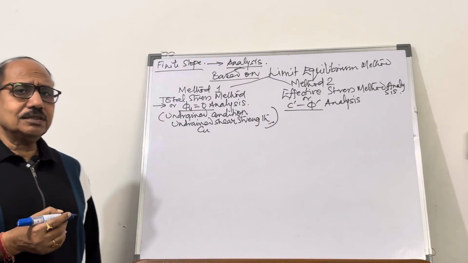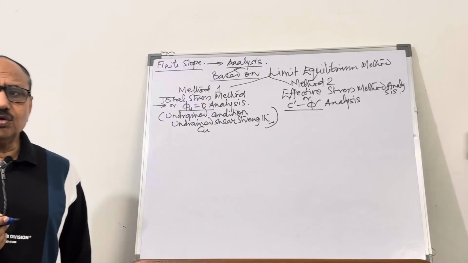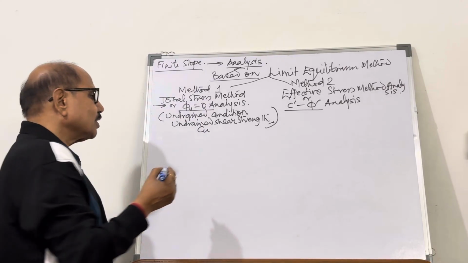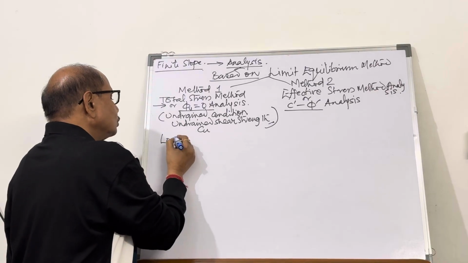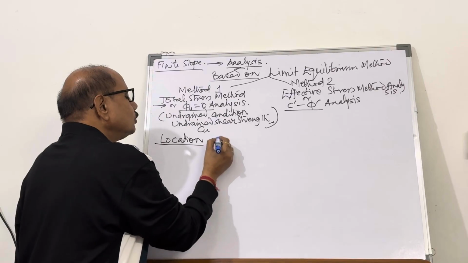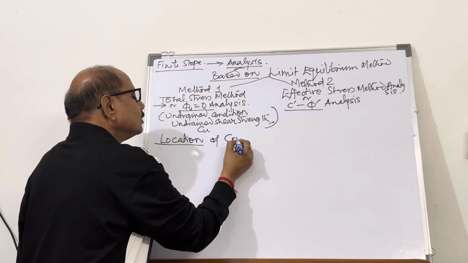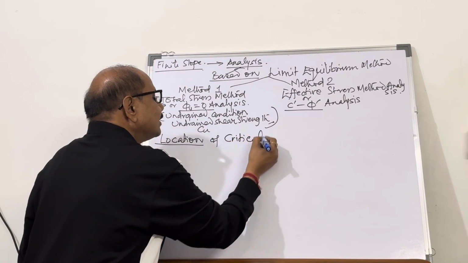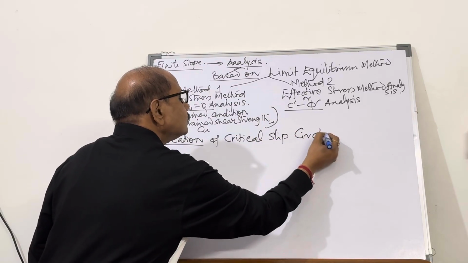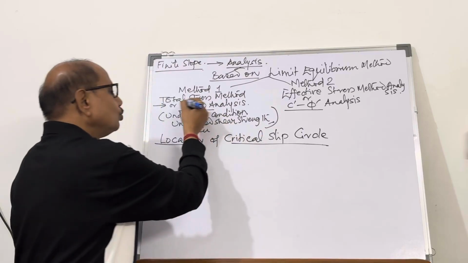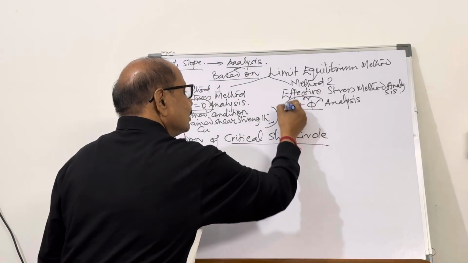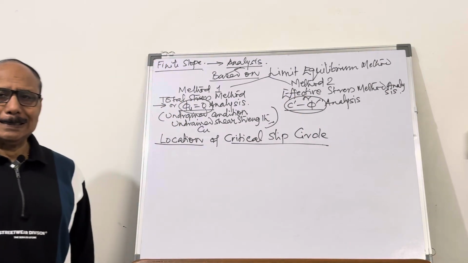But the most important is the location of the critical slip circle. You have got two conditions, one this, another this, as explained to you.